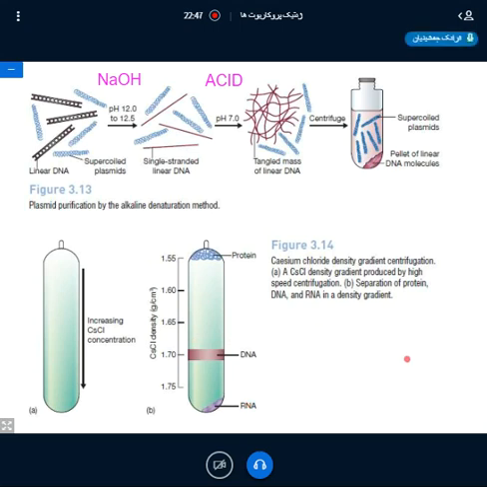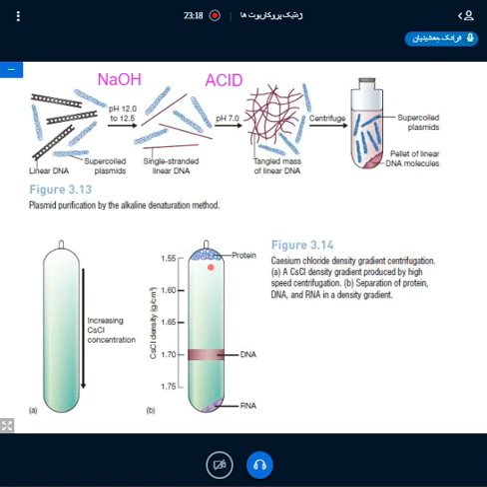Look at another picture here. This is cesium chloride density gradient centrifugation.